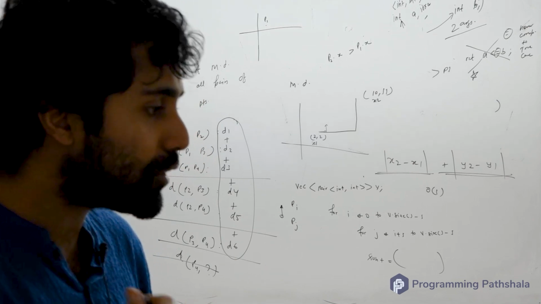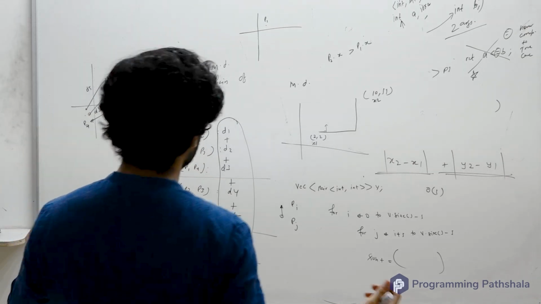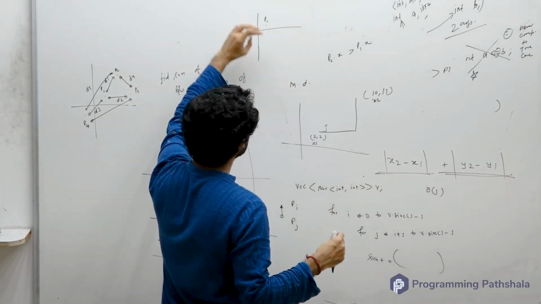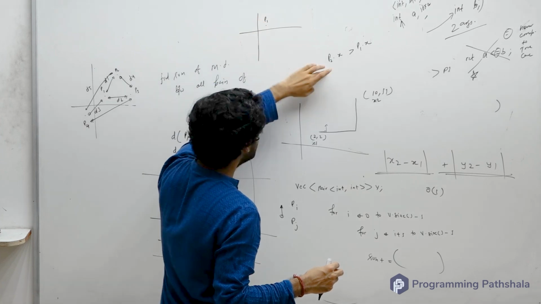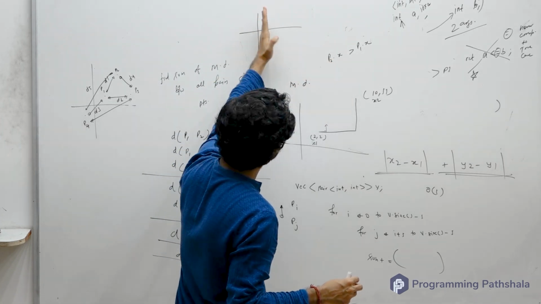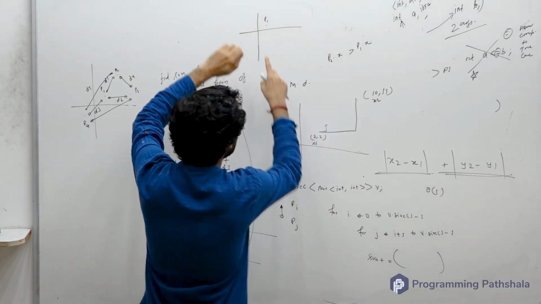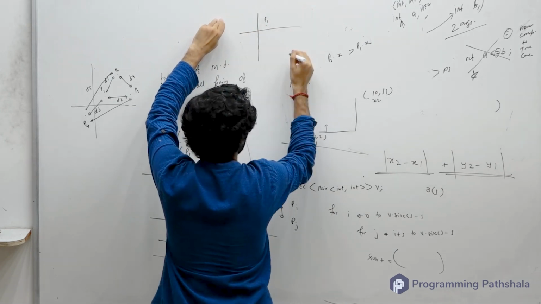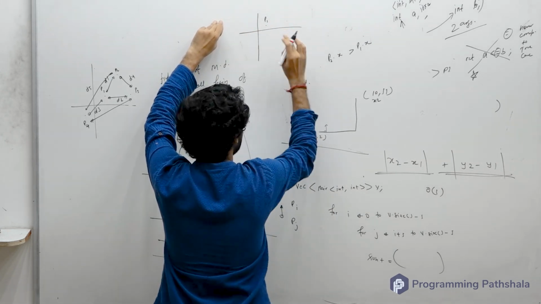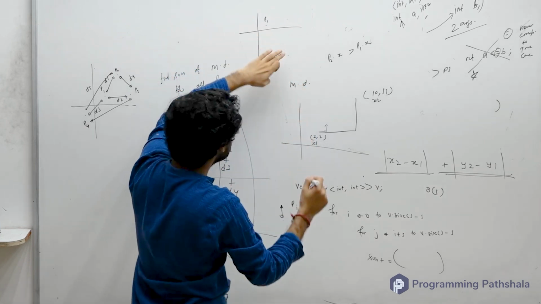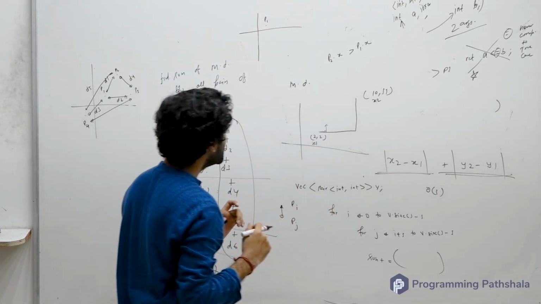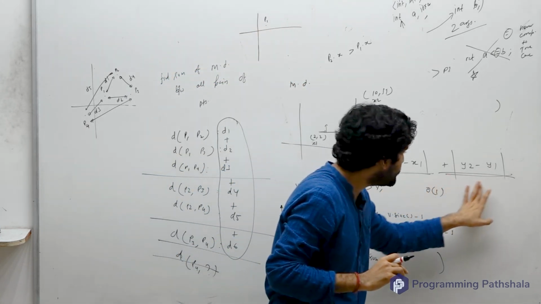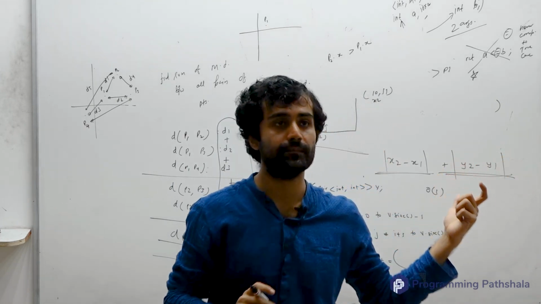If let's say x coordinates are not same, because you are first sorting based on x, this point will come first and the other point P2 which has a larger x coordinate will come in this zone. Now depending on its y coordinate, it can lie above it, below it, or on the same line also. And now these different configurations will impact the way in which this modulus is going to open.